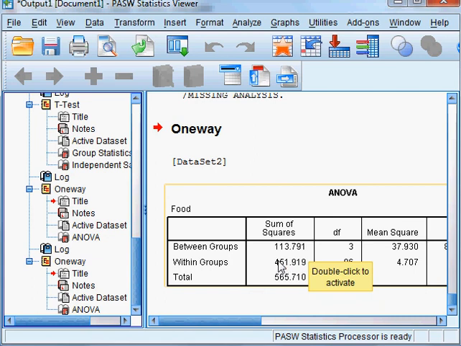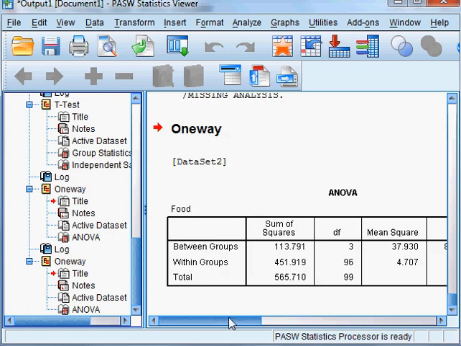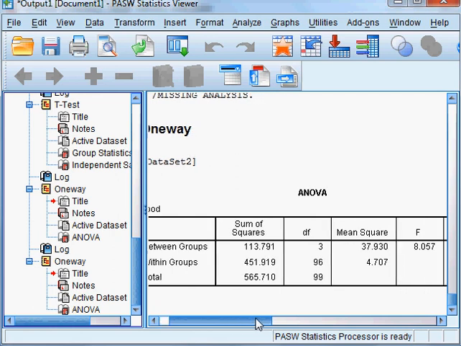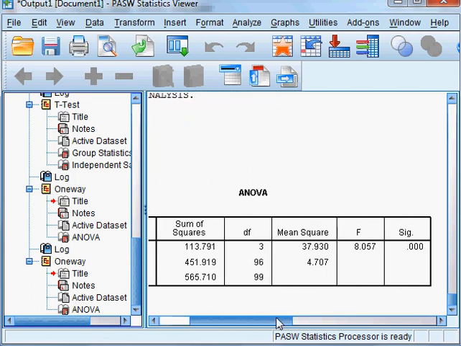So the cost category isn't explaining a lot of the variance in the quality of food, but it is explaining some. So the question is, is this a statistically significant amount of explanation going on? Can we reject the null that these 4 cost groups are the same?